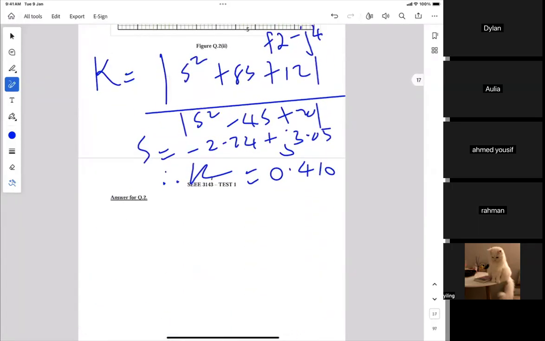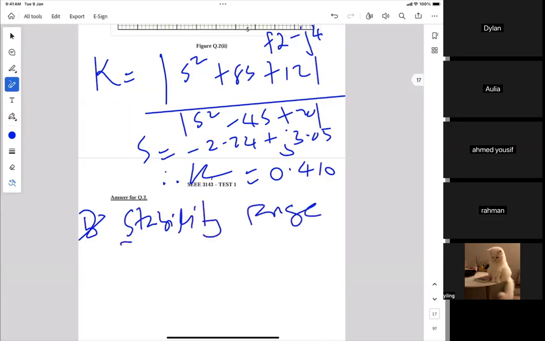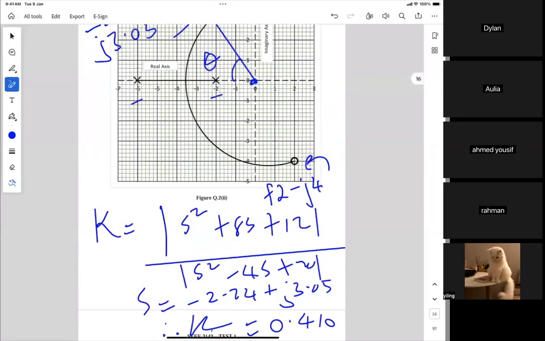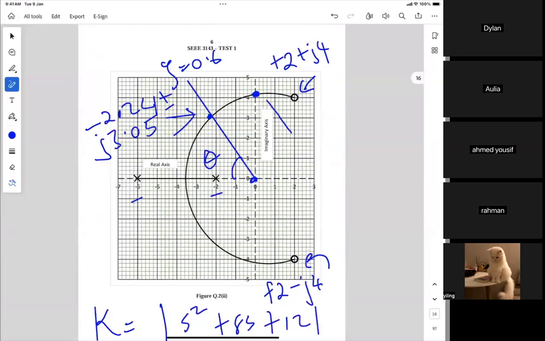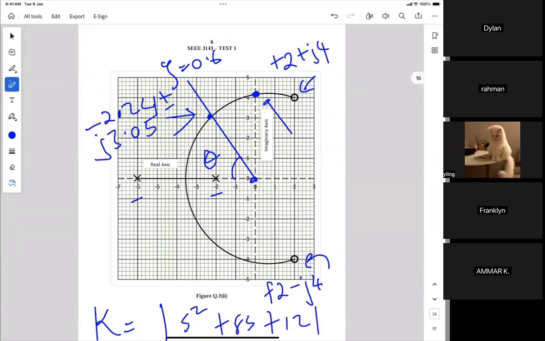Tak ada, tak datang. Aulia? Kena tengok range K kan. Stability range. Tengok kat sini, berapa ni? Cross tu, J omega crossing berapa?